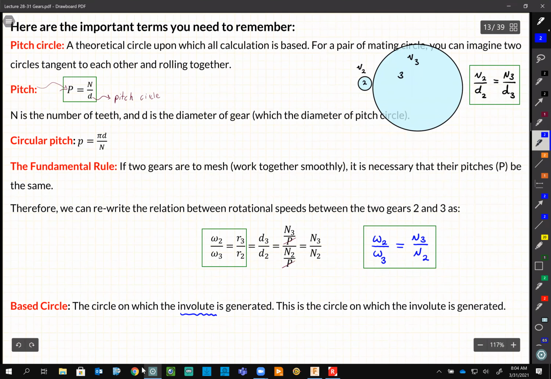When we define pitch, there is another terminology people use, shown by M, which is the opposite of pitch. It's D over N. And it's more common for metric units, so this is for SI units, and the pitch is more for US units.